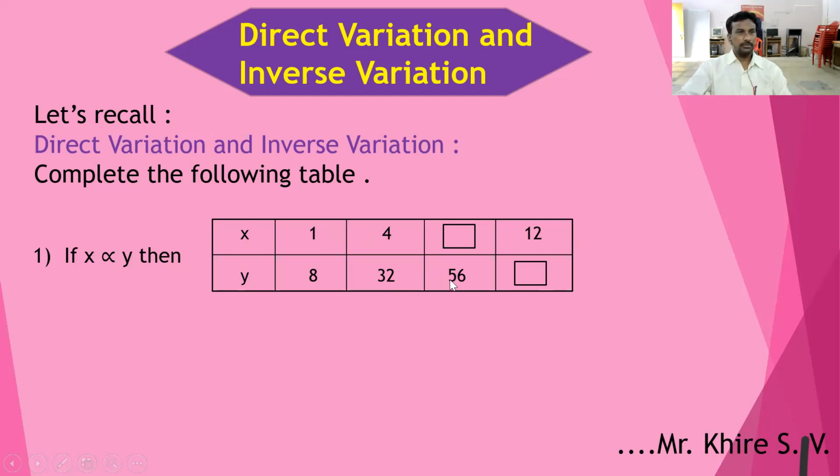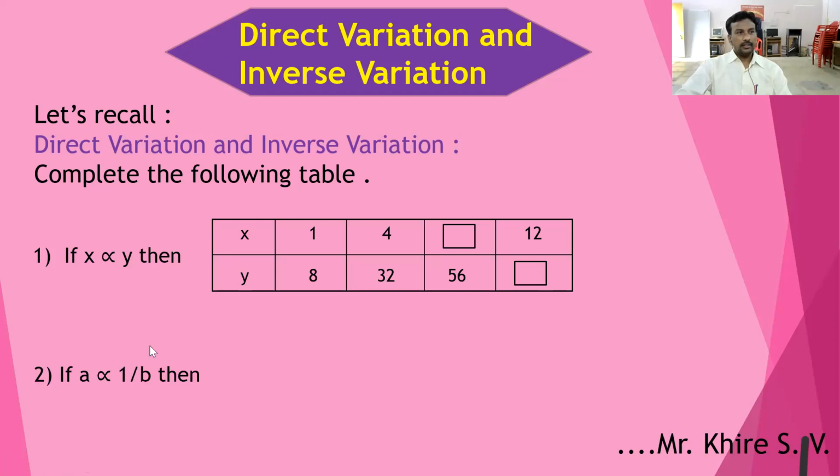If value of y is 56, then find the value of x in this box. Similarly, the last example, value of x is 12, it is given. You have to find out the value of y in this box by using examples. Okay.